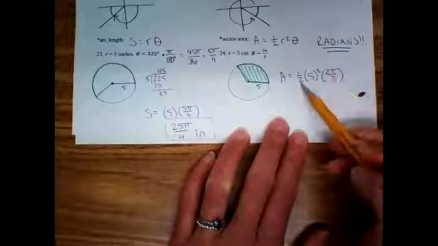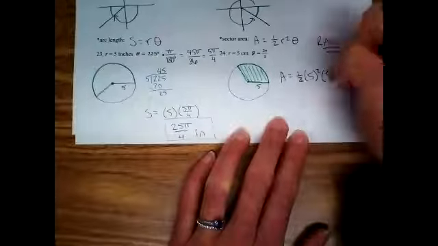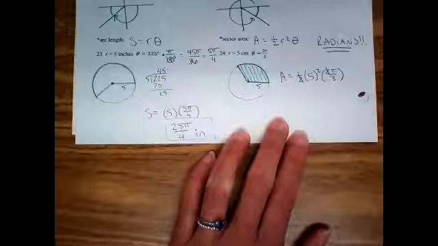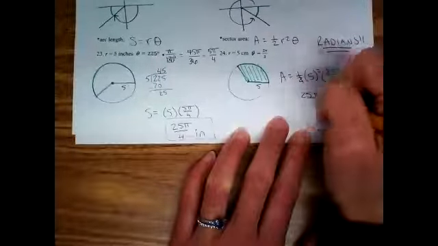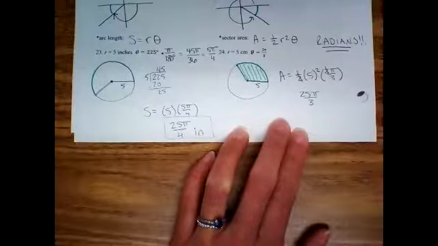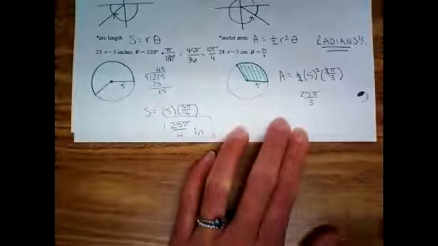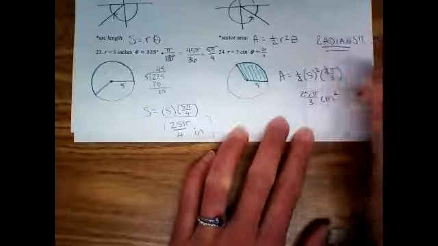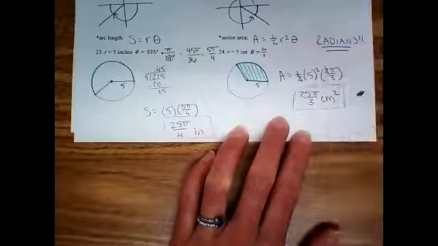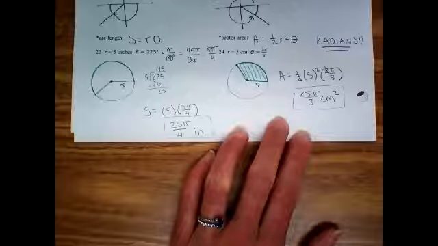So these 2's are going to cancel, which is nice. 5 squared, 25, so 25 pi over 3. Units for this one, because we found an area, will not be centimeters, it'll be centimeters squared. Good. Remember like the last 2 on your test where it was like square feet because you found an area? Just like that.